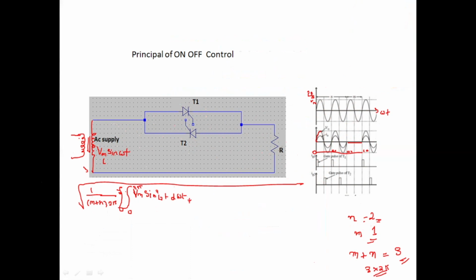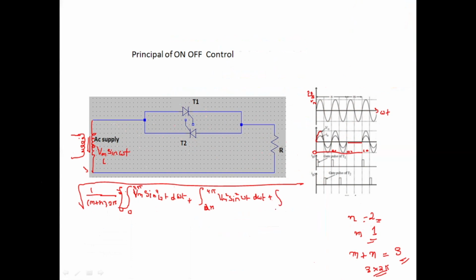Okay, then we should integrate the next part also, here to here it is 2 pi to 4 pi, Vm squared sin squared omega t d omega t.